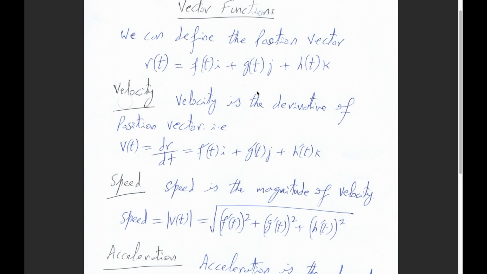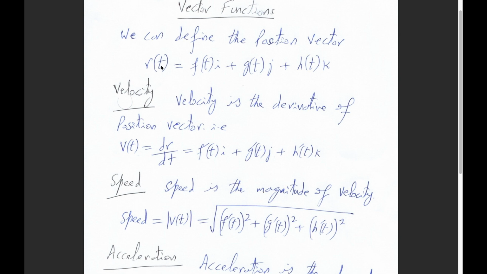There was a position vector, but instead of f of t, g of t, and h of t, there was only a real number written in each place. But now we are defining the position vector.